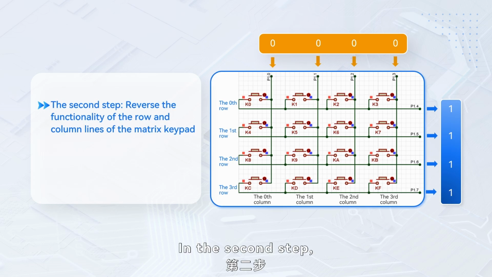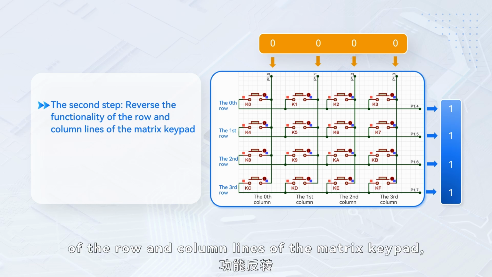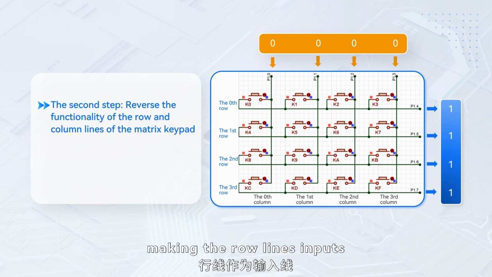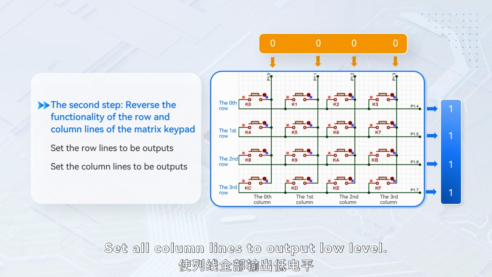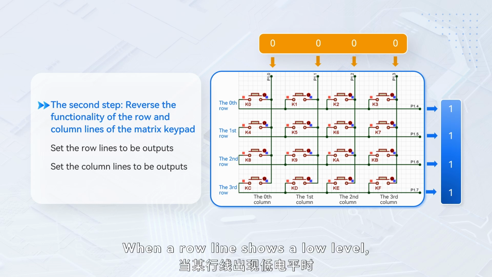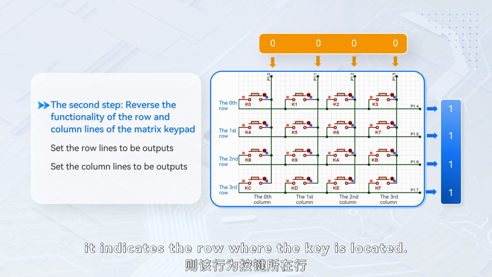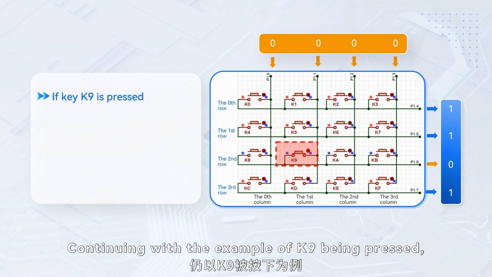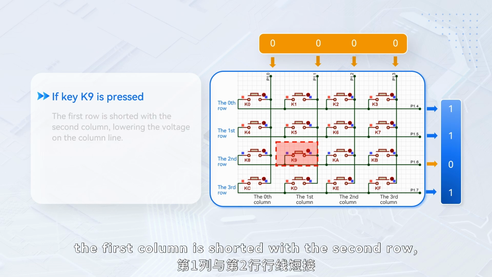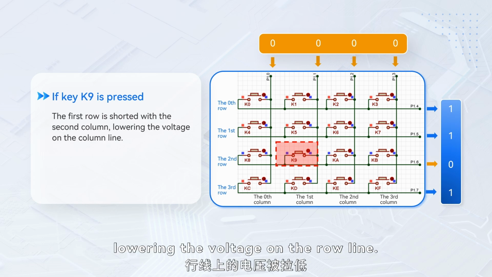In the second step, reverse the functionality of the row and column lines of the matrix keypad, making the row lines inputs and the column lines outputs. Set all column lines to output low level. When a row line shows a low level, it indicates the row where the key is located. Continuing with the example of K9 being pressed, the first column is shorted with the second row, lowering the voltage on the row line.